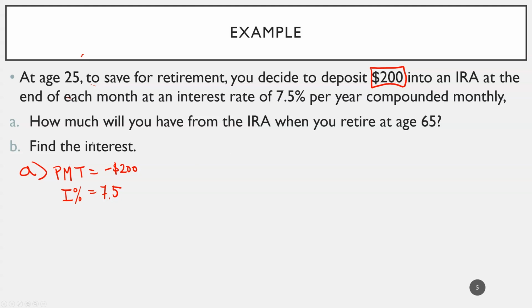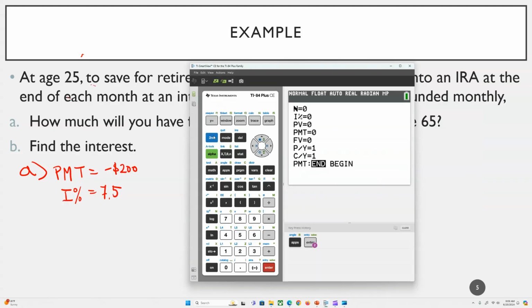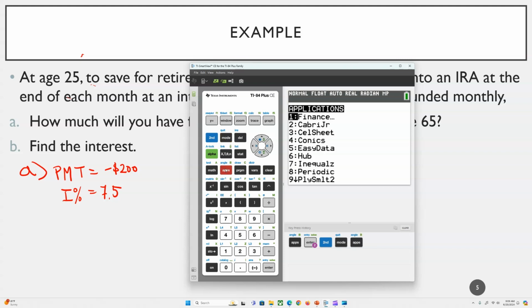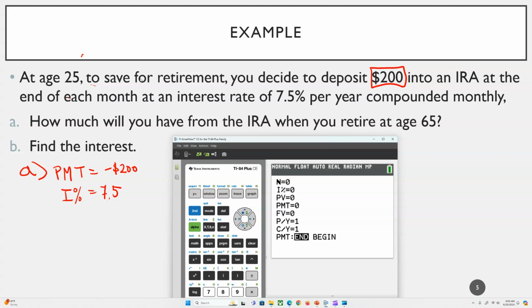Okay, so let me grab our calculator here. The way you're going to solve this, you're going to press Apps, Finance, and it's TVM Solver right here. N is the total number of payments you're going to make. How many years are you going to do this for?